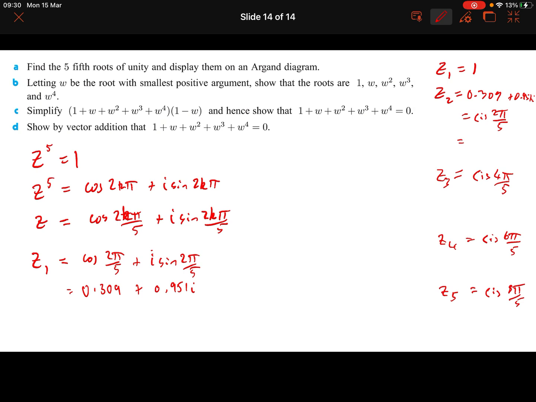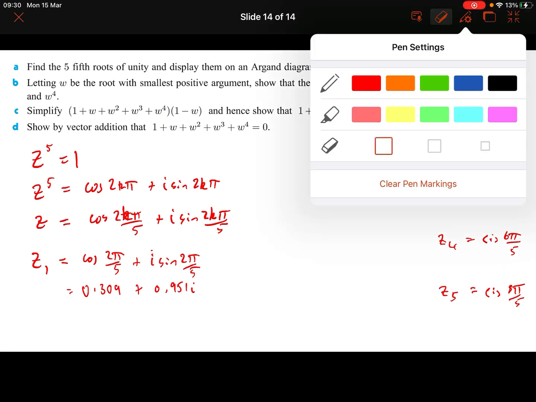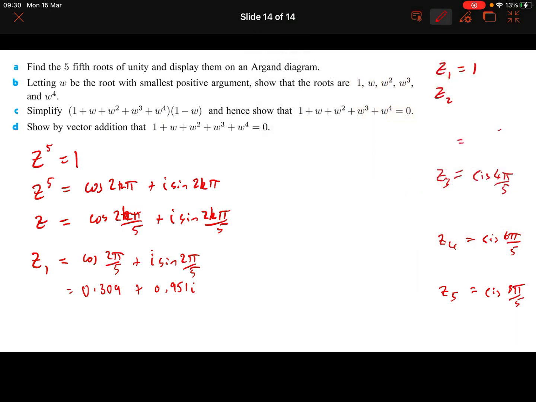I'm not really going to waste time finding the other roots because you know how to do them. You're going to use your calculator to find out what these values actually are. Sorry, let me put them back in.